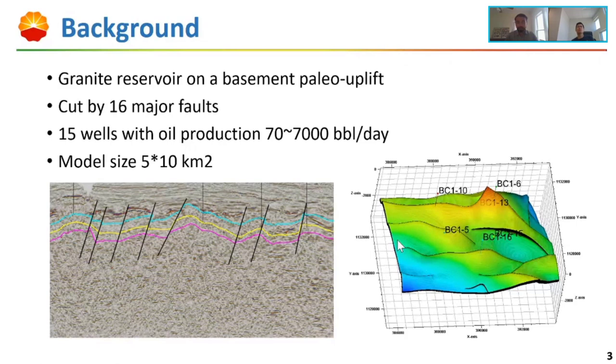We have a couple of wells that are relevant for the study displayed as well. And you can tell that there is a variation in the fault throw and the depth of the reservoir itself. We have around 15 wells with oil production, which varies from 70 up to 7,000 barrels per day. So the performance is very different depending on the location.